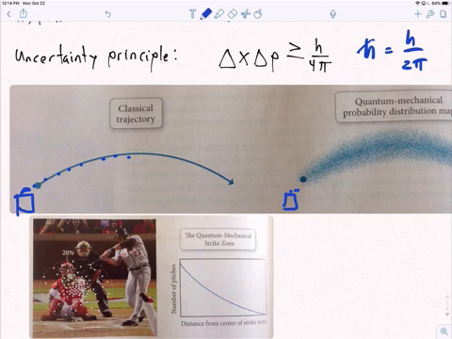Then there are 3 dimensions to describe where the point is going. That's the momentum.